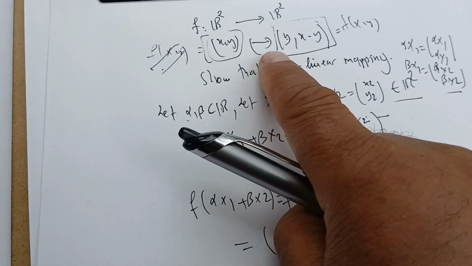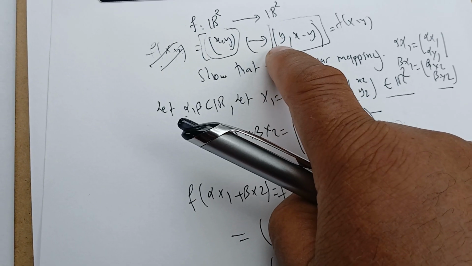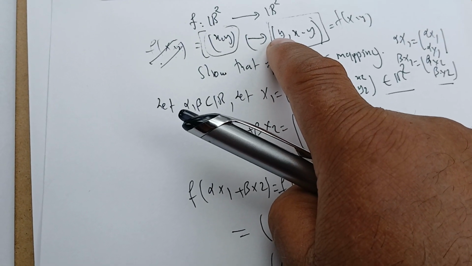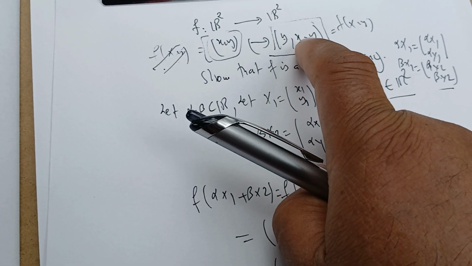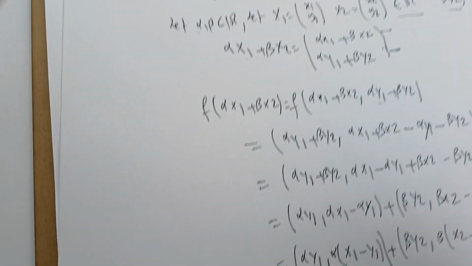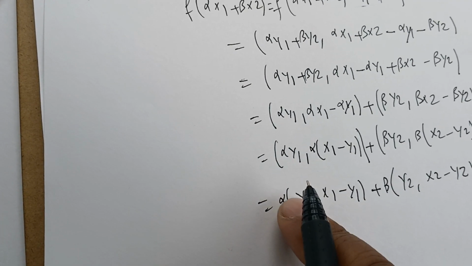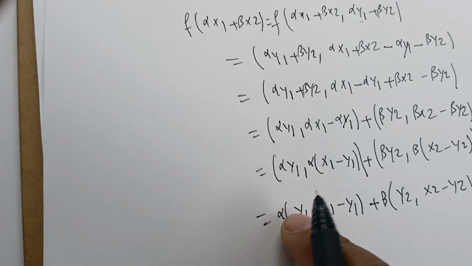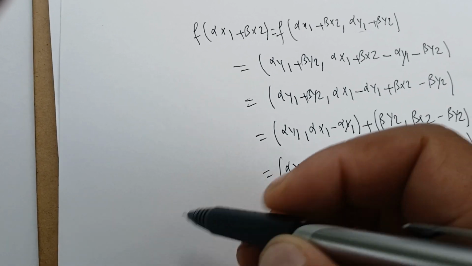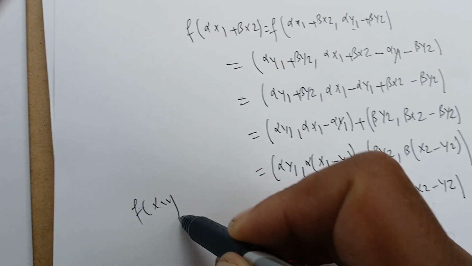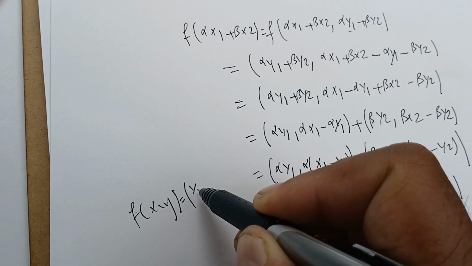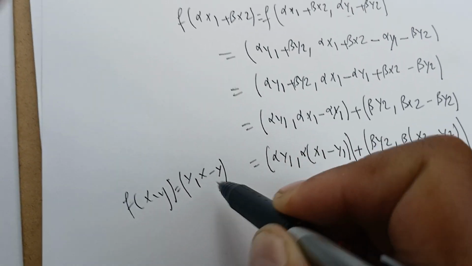For (x, y), the first component of the image is y, and the second component is x − y.